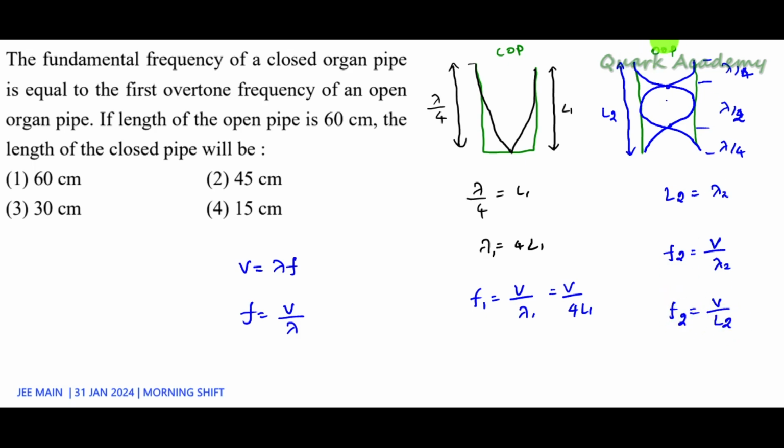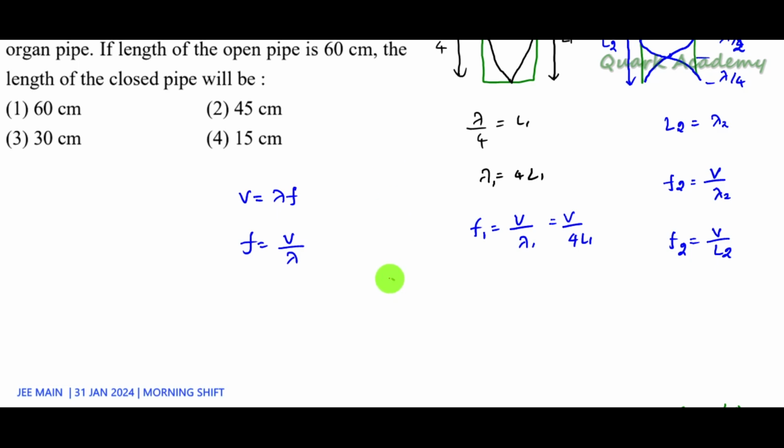In the question, it is given that both the frequencies are the same, which means F1 is equal to F2. We can write in terms of length: V by 4L1 equals V by L2. So 4L1 equals L2, and L1 equals L2 by 4.